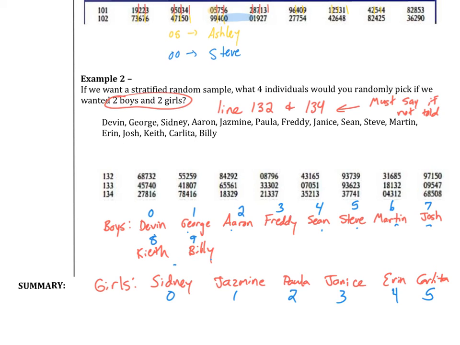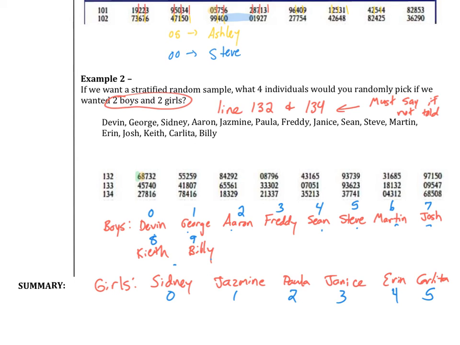So for the boys, let's do line 132. We're doing 1 digit. The first single digit is 6. The second one is 8. Let me zoom in. Line 132 would be 6 and 8.